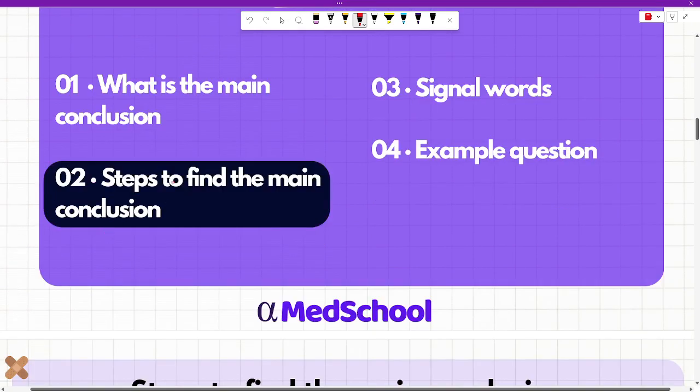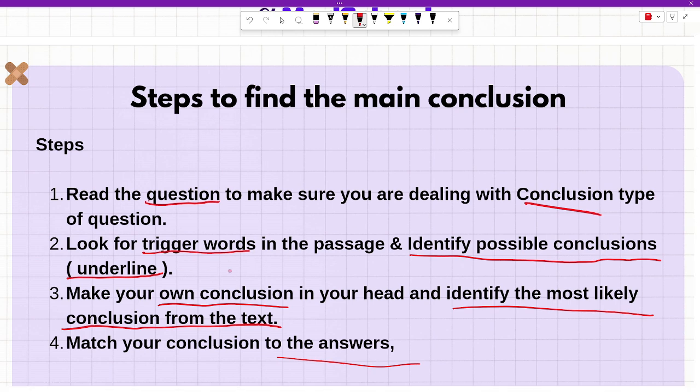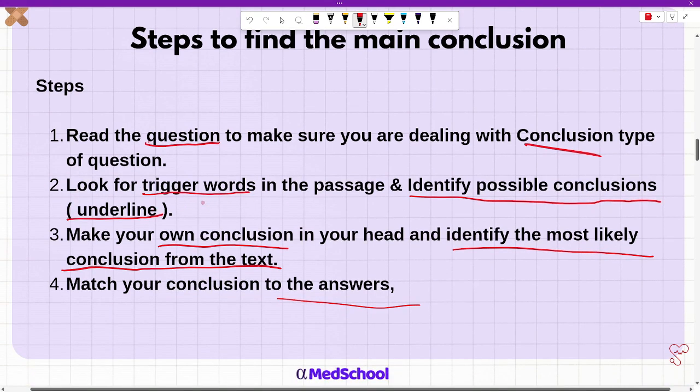Let's move on to step 2. How can we find this conclusion? What are the steps? The first step is to read the question, make sure you're dealing with a conclusion type of question. Second, you can look for trigger words in the passage and identify possible conclusions.